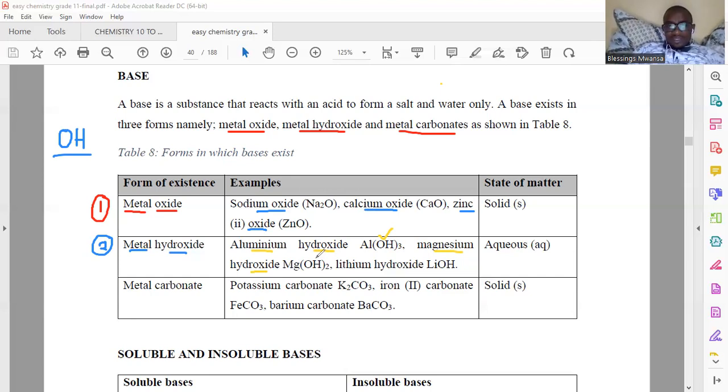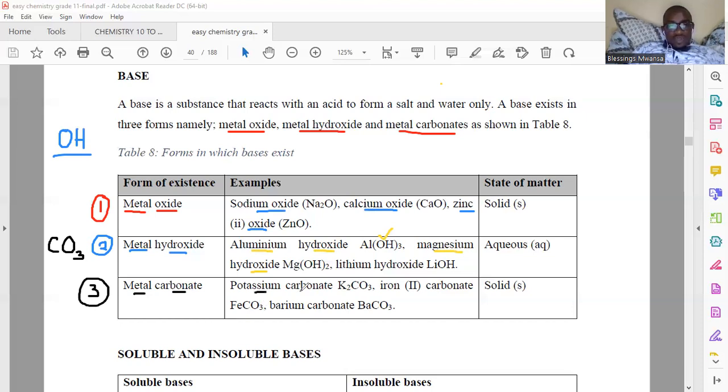Then, lastly, we'll look at what is known as a metal carbonate. A metal carbonate is when a metal combines with a radical called carbonate. Carbonate is CO3, capital C, capital O, subscript 3.